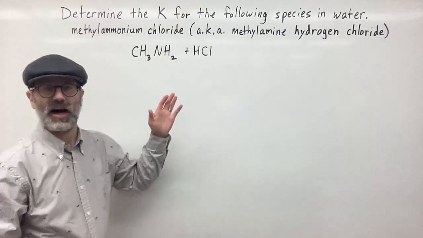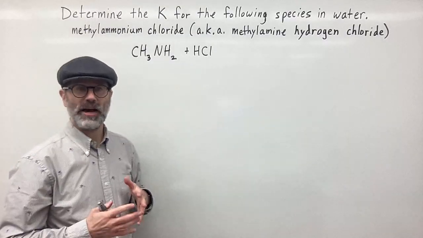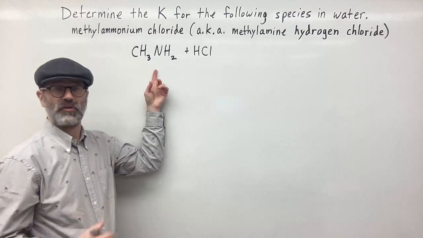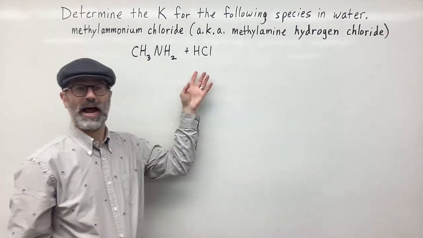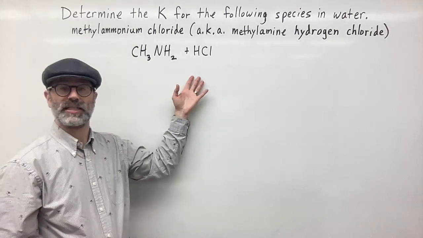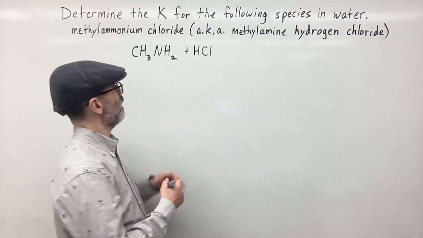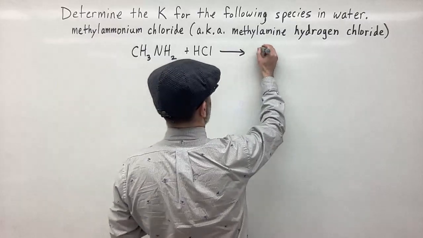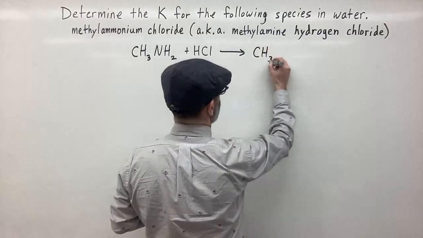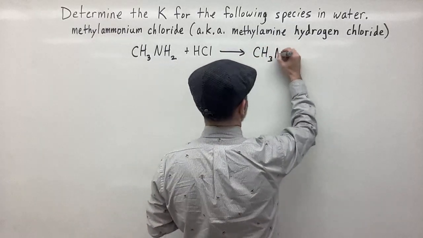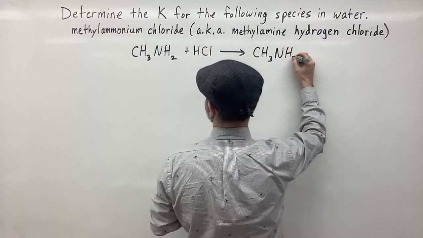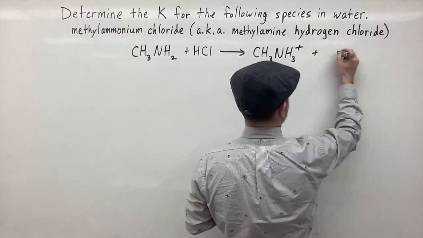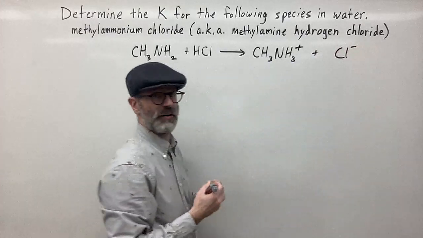And since the hydrochloric acid is a strong acid and this is a weak base, methylamine is a weak base, it's going to react completely with the HCl, forming the conjugate acid, right? So that's going to form your CH3NH3+. And then you've got your chloride ion left over.